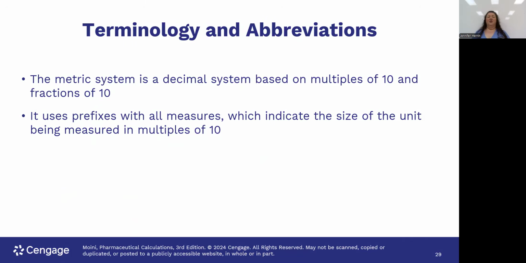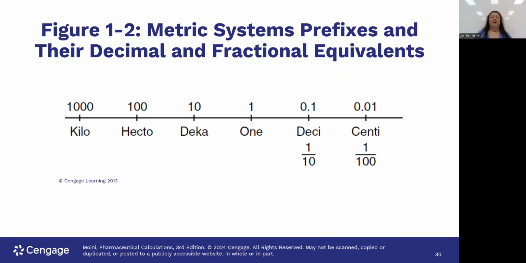So we have some terminology and abbreviations with regards to the metric system. The metric system is a decimal system based on multiples of 10 and fractions of 10. It uses prefixes with all measures, which indicate the size of the unit being measured in multiples of 10. Figure 1-2 gives you metric system prefixes and their decimal and fractional equivalents.